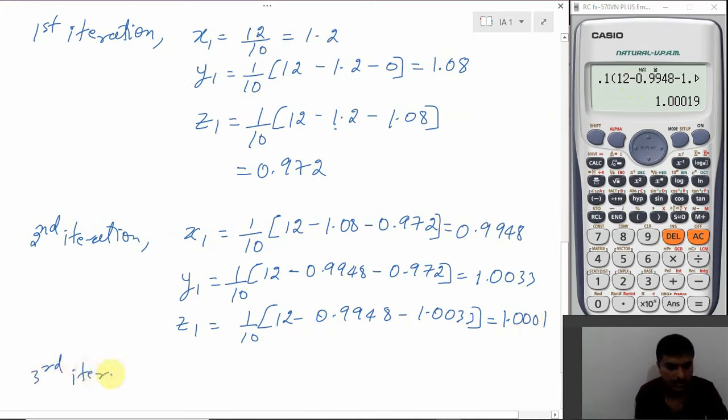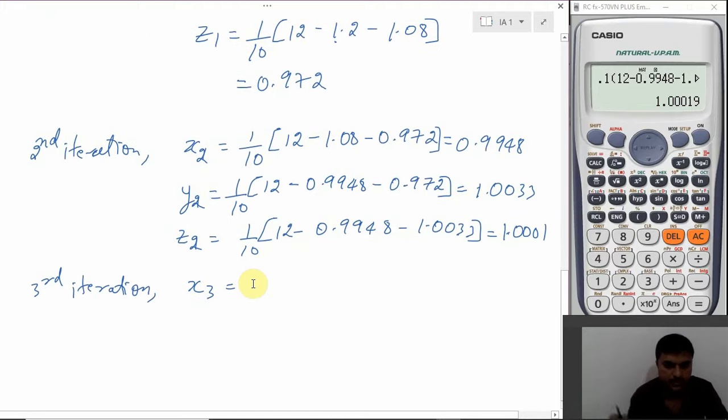Now see in the formula, just substitute the values of the second iteration, please put 2, and the third iteration is x3. So just put the values. 1 divided by 10, yes, previous value it is 12, minus y is 1.0033 minus 1.001.